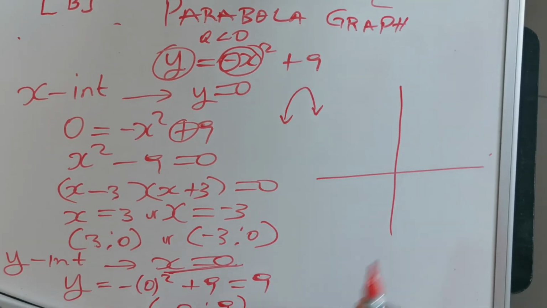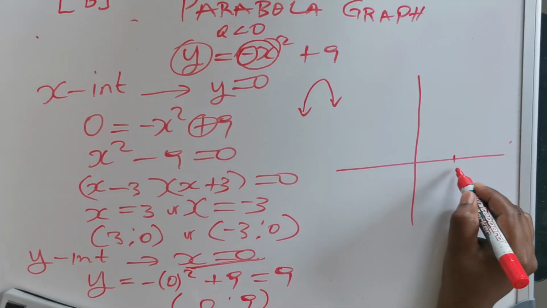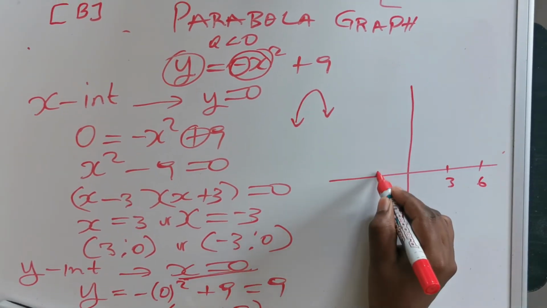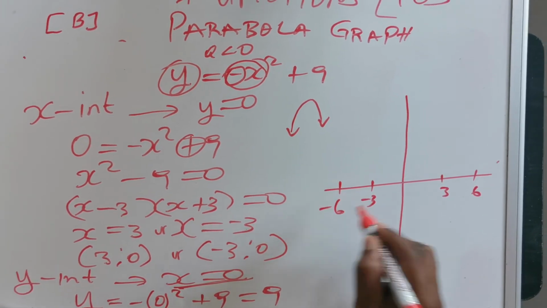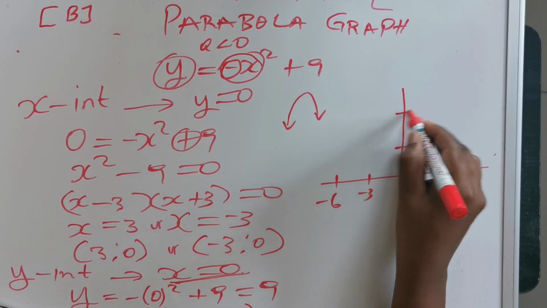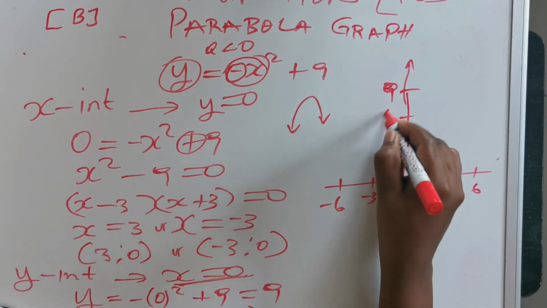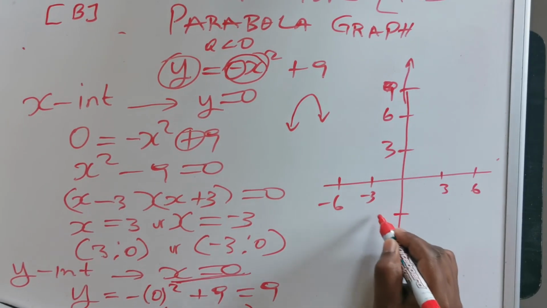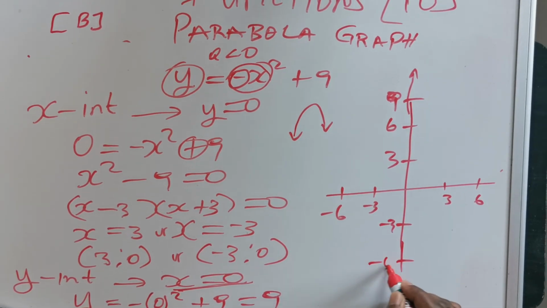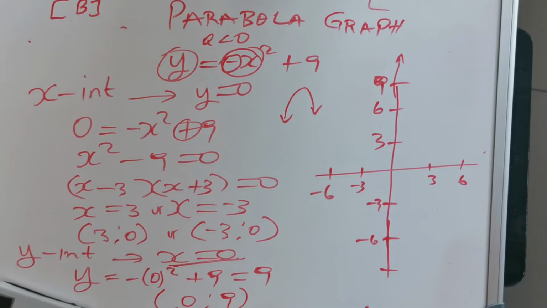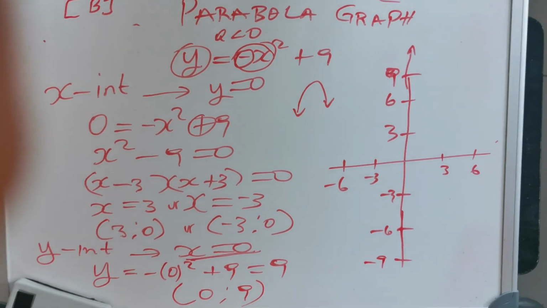Here we have 3 and 9, so we can use 3, 6, 9 on this side, and negative 3, negative 6, negative 9 on this side.